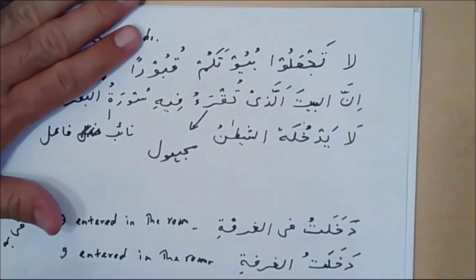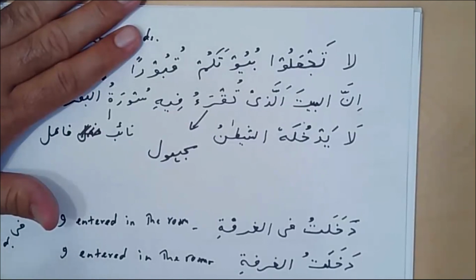Rasulullah sallallahu alaihi wasallam said, "La taj'alu buyutakum qaburan." What is the meaning of this? I'm sure most of you understand. Do not make your homes graveyards. Everybody understand that? Yes. Alhamdulillah.